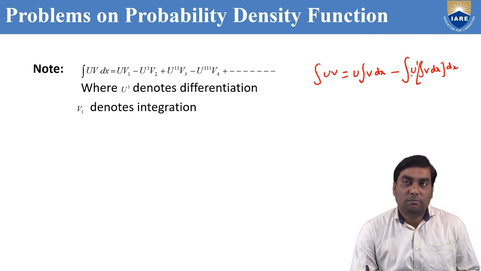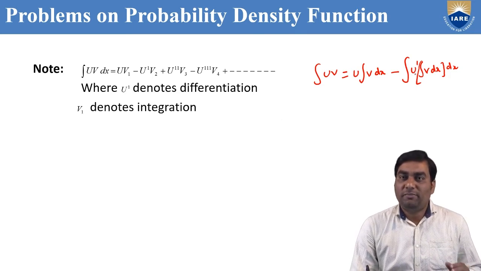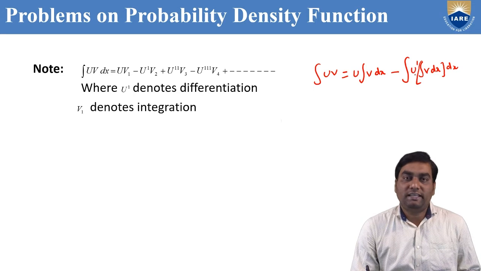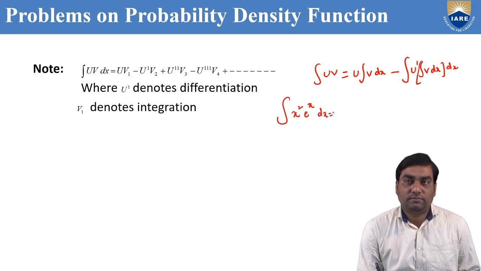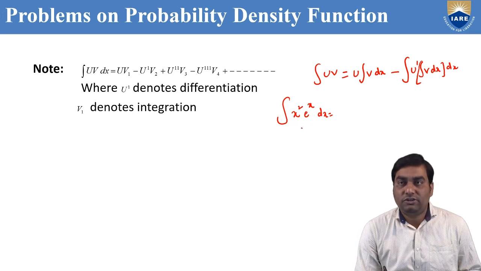But if you use this formula, it will be very difficult to solve some important problems, like the integration of x square into e power x dx. This is a product of u and v.